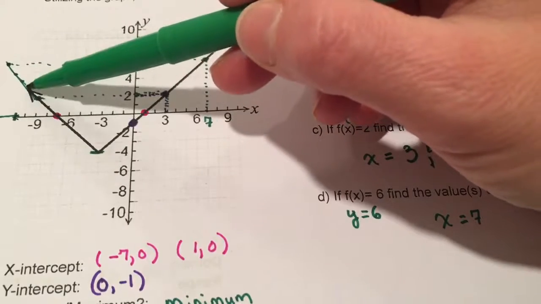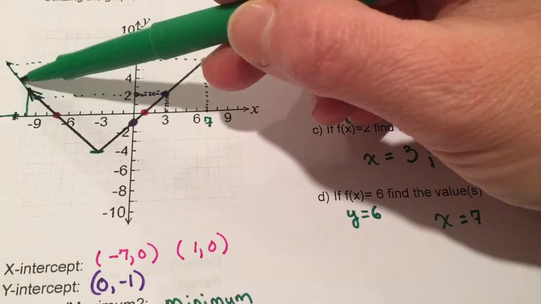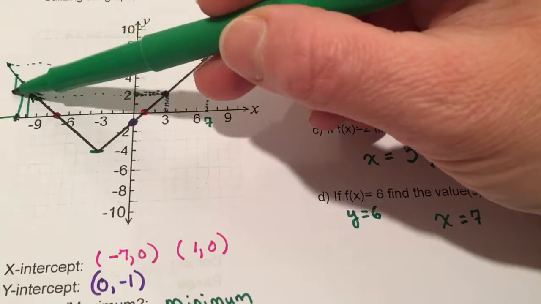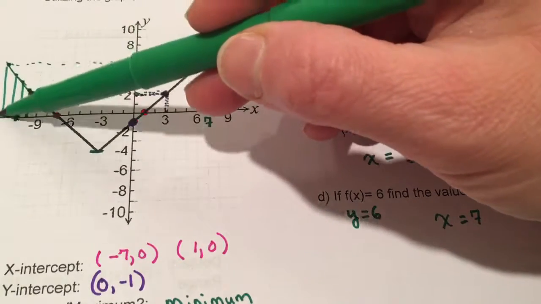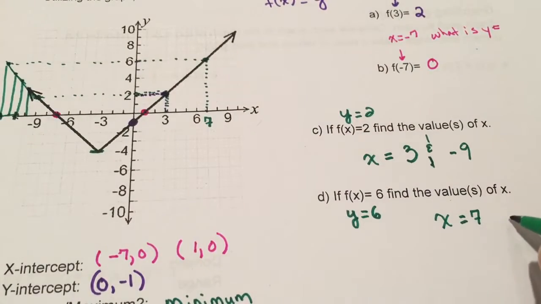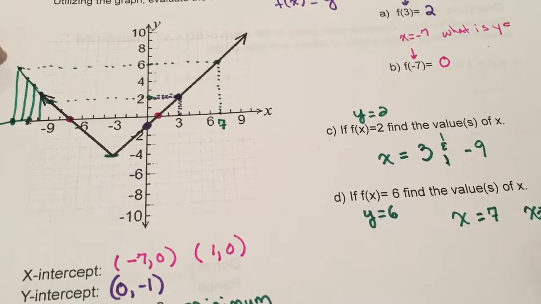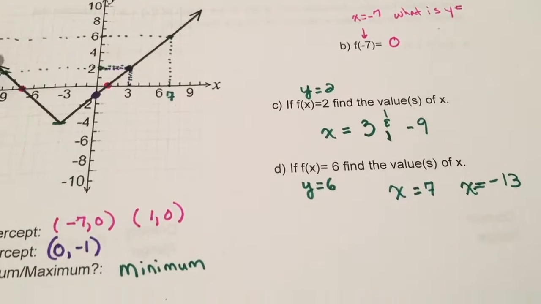Okay, so this would be, this is 9, this is 10, this is 11, this is 12, this is 13. So this would be at x equals 7 and x equals -13. So that's how we can go about doing this page.